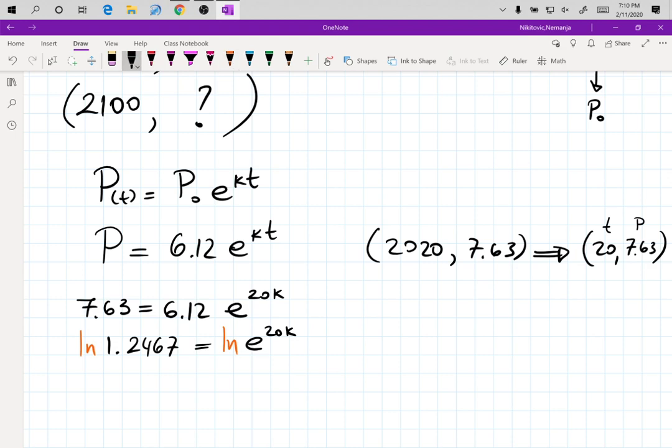And I will get 0.2205. 4 non-zero decimals. Always, please. 4 non-zero decimals. Equal to 20k. And finally, k is equal to, divide by 20, 0.01103. 4 non-zero decimals.